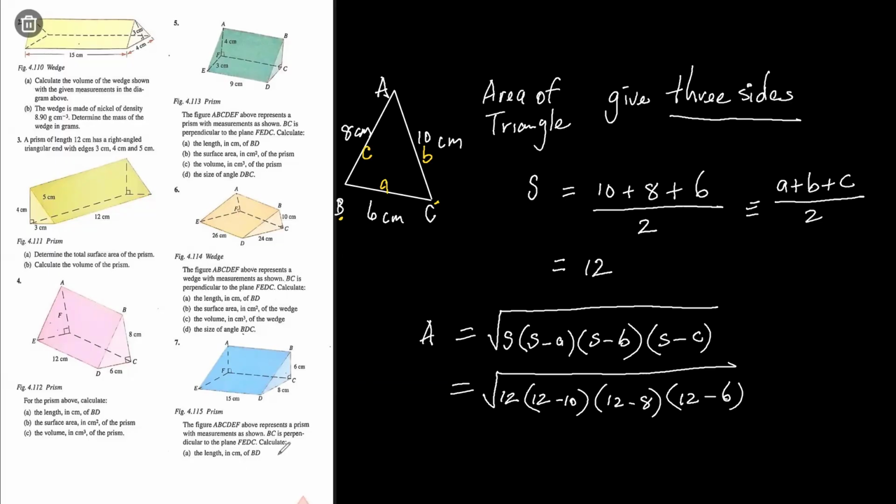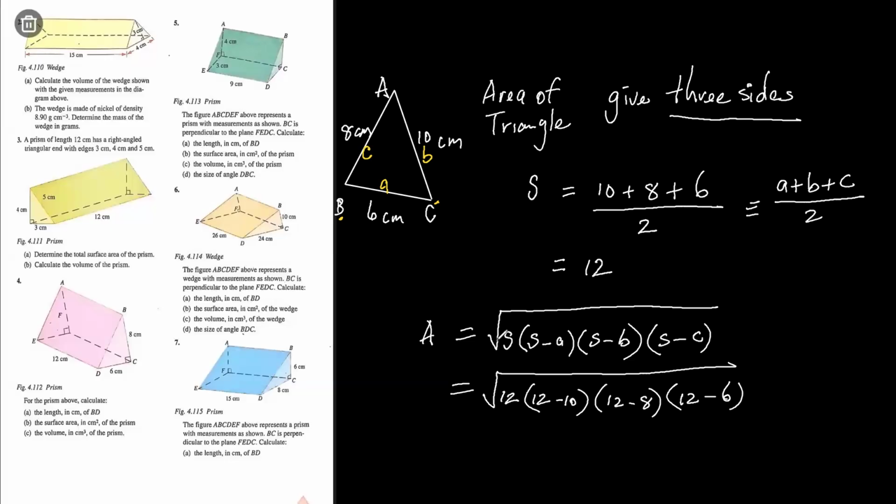One thing too, when I was adding up the numbers, 10 plus 8 is 18, and 18 plus 6 is 24. I see. Okay, so fine. That's why I have to ask you questions. That's what we're doing. Anybody else before I move on?